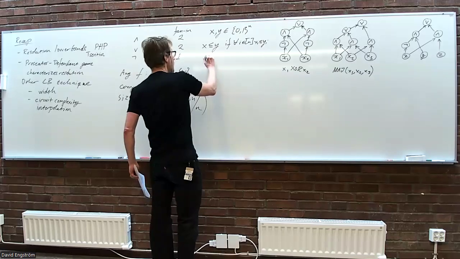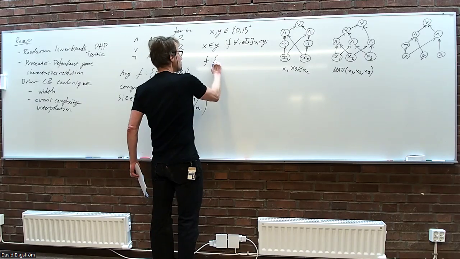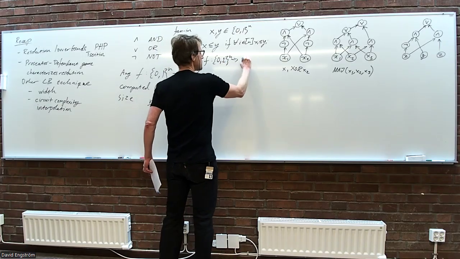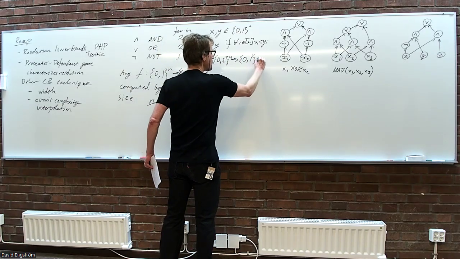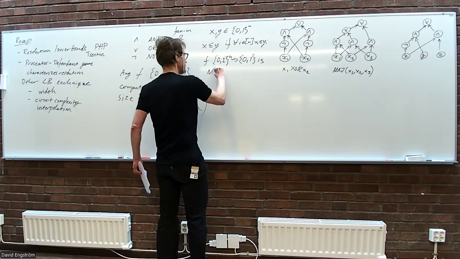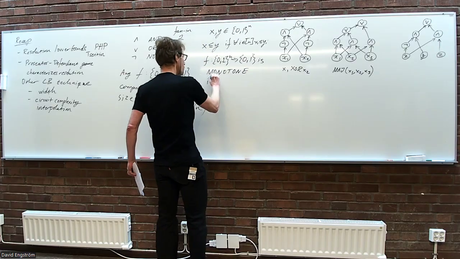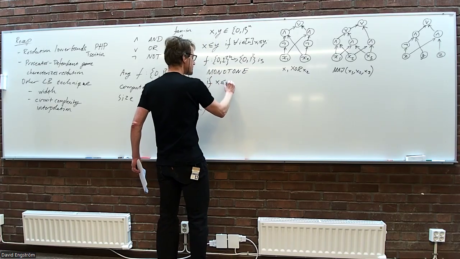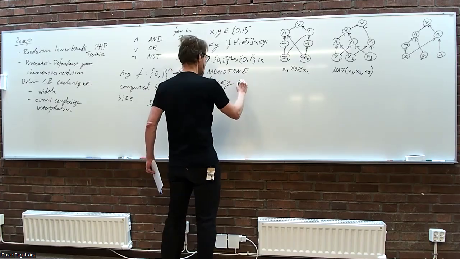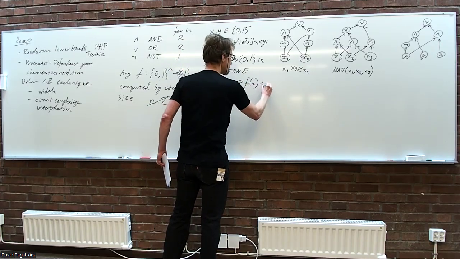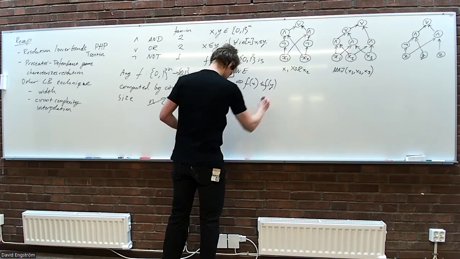So I say that a Boolean function f is monotone if whenever x is less or equal to y in this sense, then f of x is less or equal to f of y.